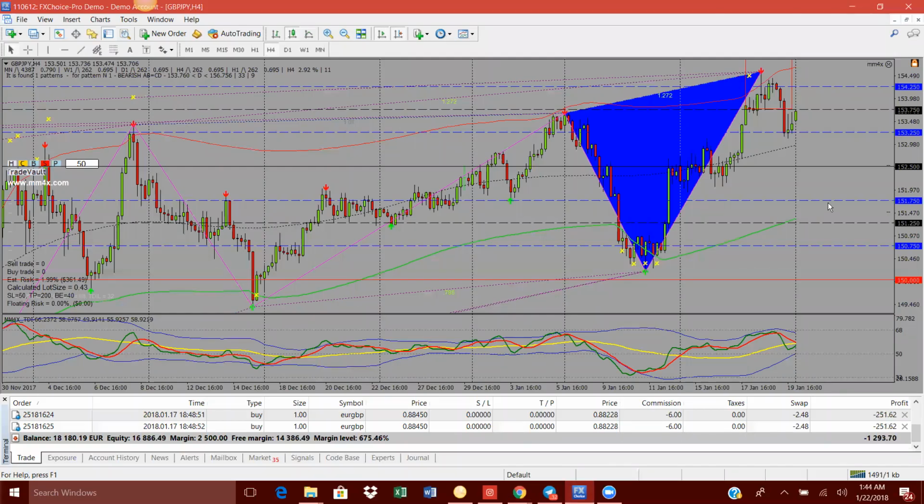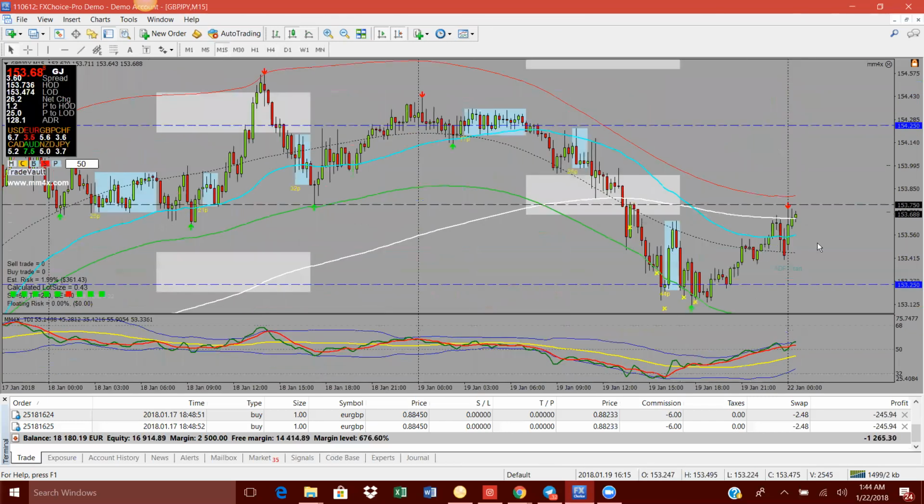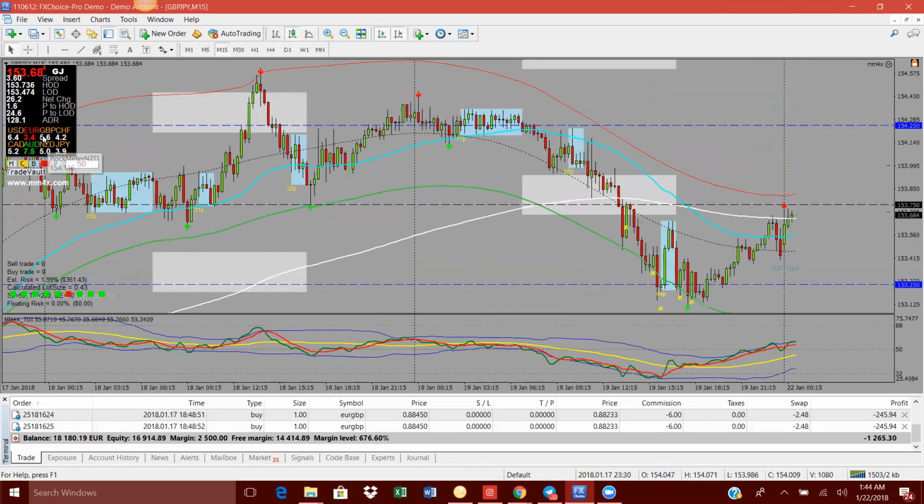So on the MT4, you see the price is moving up, right? Still GBP is strong. This is a game play by the market makers, as you see on the charts. They are playing games with people's money: they go long, then after that they take them out with a big sell.